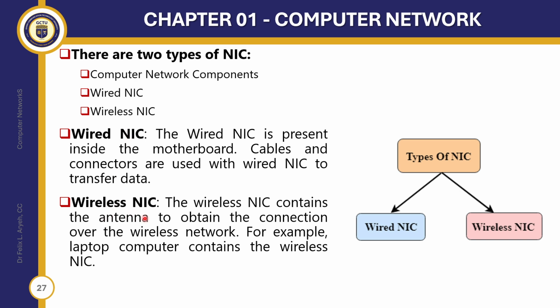For the wireless NIC, you will need wireless to get onto the network. Like your phone, or if your laptop has a wireless card, that is the wireless NIC. It contains an antenna to obtain the connection over the wireless network. An example is the wireless NIC that we have on our laptops.